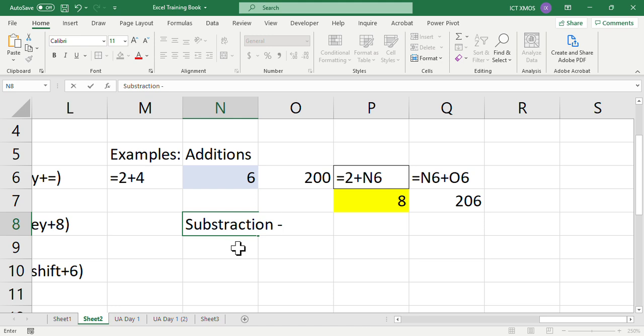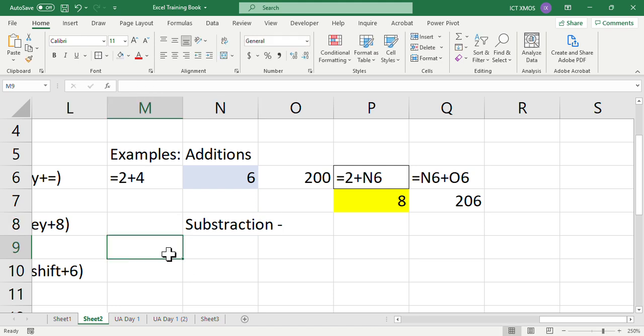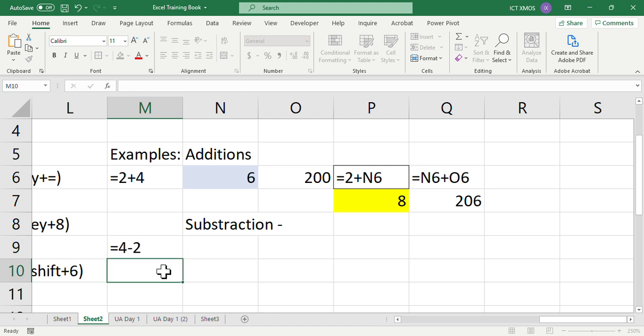We are doing minus. So what do we do? You can have this for numbers. For example, same thing as this. It can say 4 minus 2. 4 minus 2 will give you what?